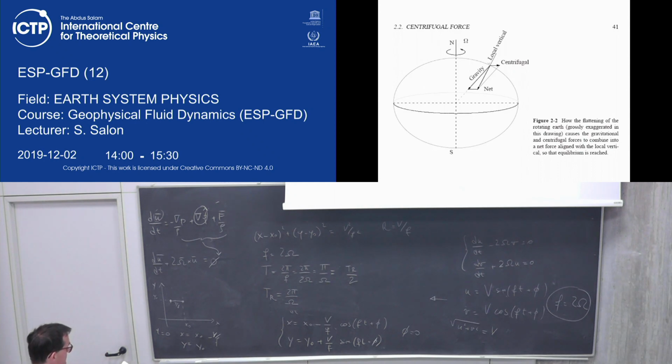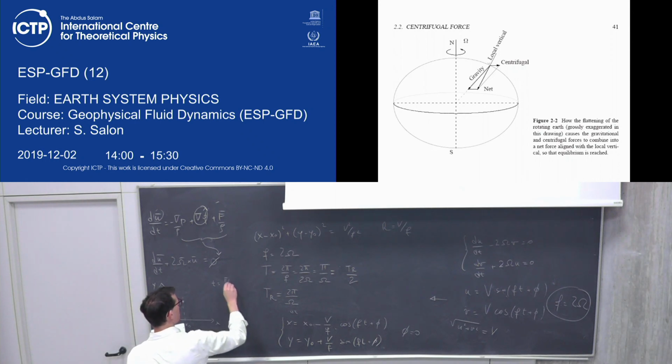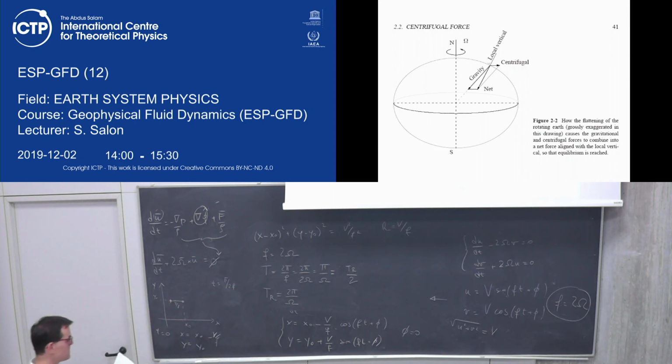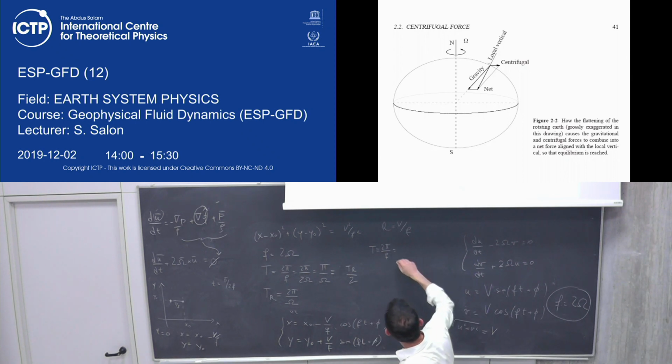Now we move to time equal to pi over 2f. One period is 2 pi over f, so if I divide by 4, T/4 will be pi over 2f. Right?